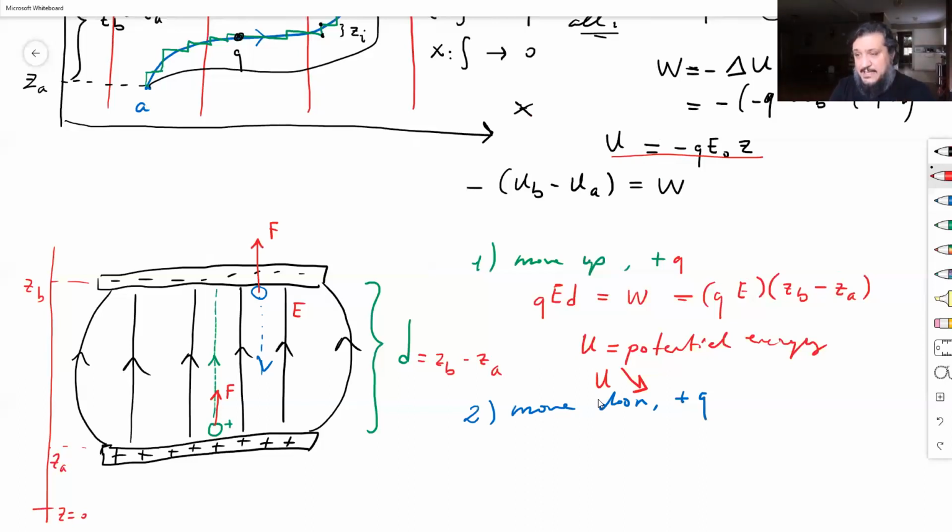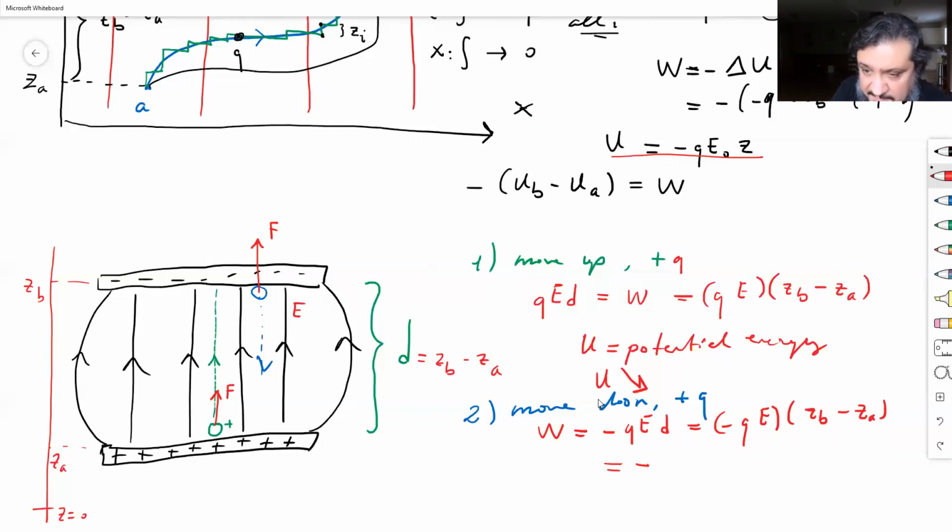So work will be equal to negative qE times zb minus za. In other words, the final point is here, right?